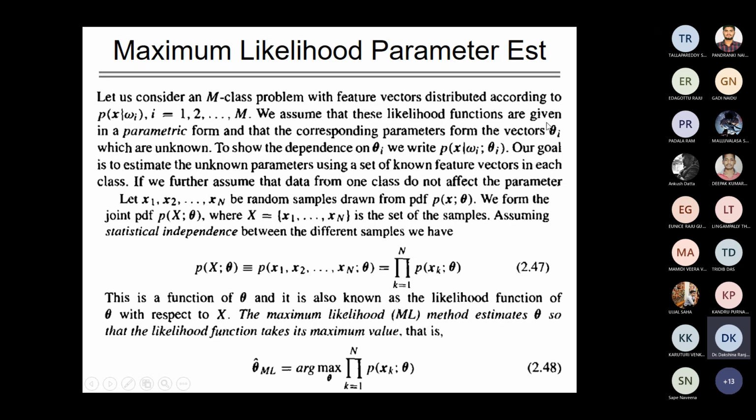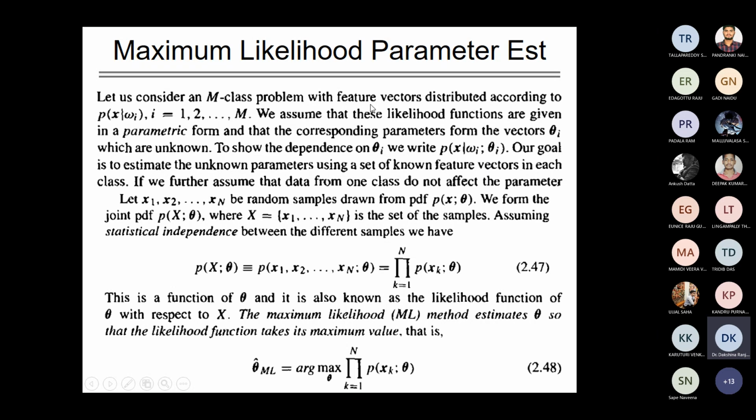Now, to show the dependence on theta i, we can write this likelihood function, probability of x given wi, parameterized by theta i. Since the vector theta i is unknown and we have to determine it, we also need to show that this likelihood function depends on this unknown parameter theta i. So we write probability of x given wi parameterized by theta i.